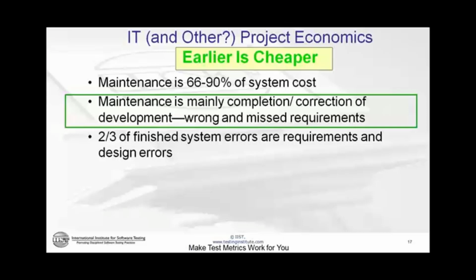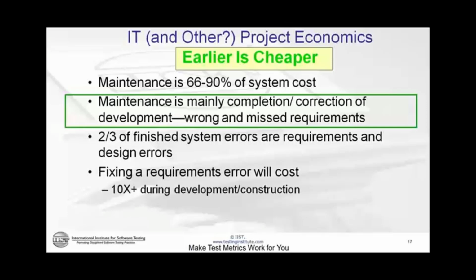So most of the design errors actually originate with requirements errors, but errors that are already in the design are ones that typical developers and typical testers are very unlikely to be able to catch and prevent.